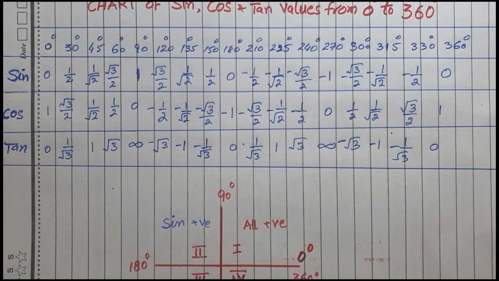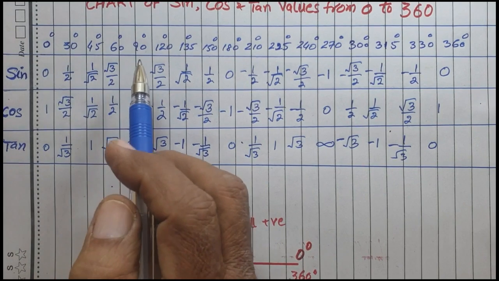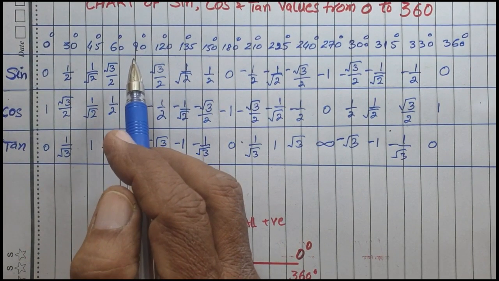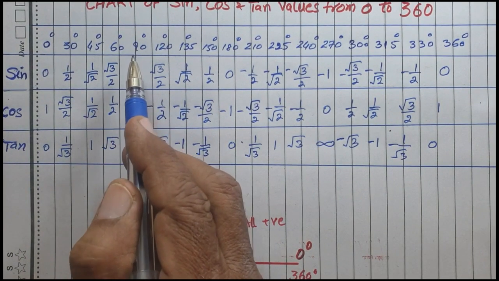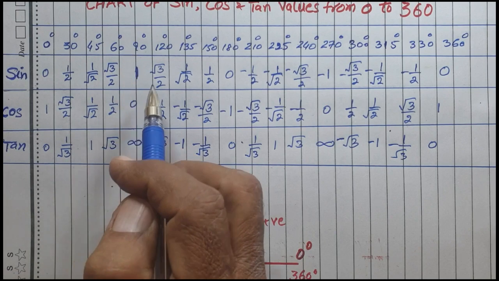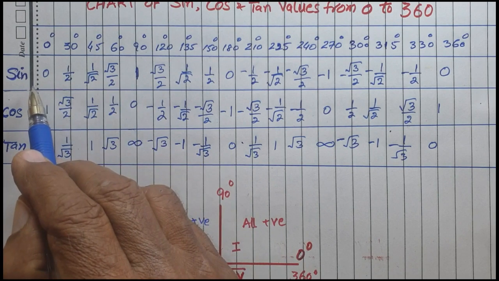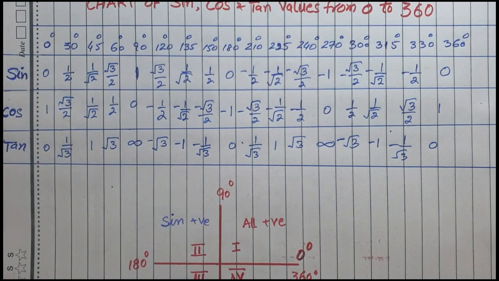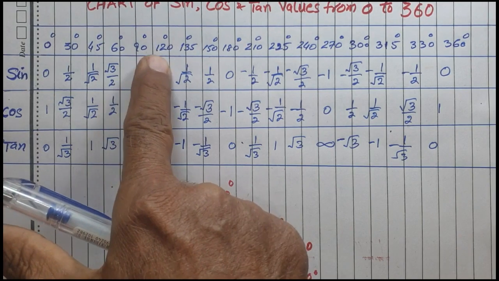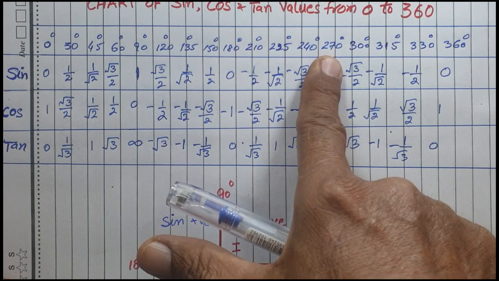Okay, remember the trick. After 90 degree, you keep your finger over here and write the values for the next angles in reverse way. And remember, after 90 degree, what angle will become, and after 180 degree, what angle will become.